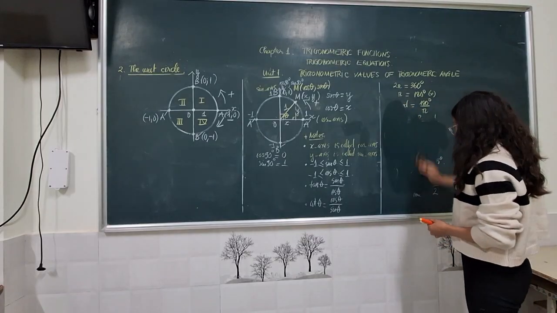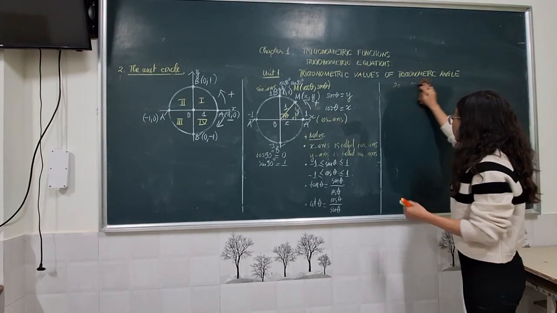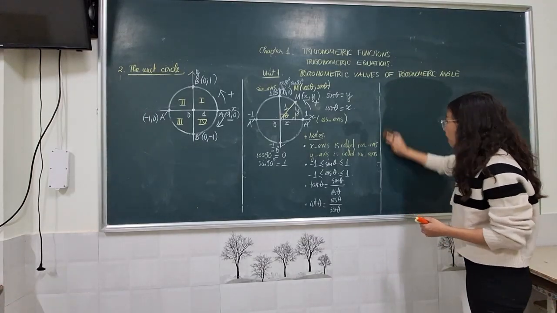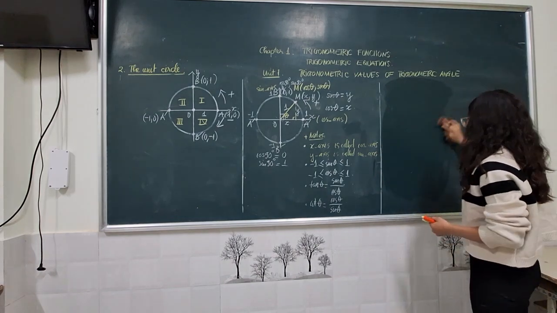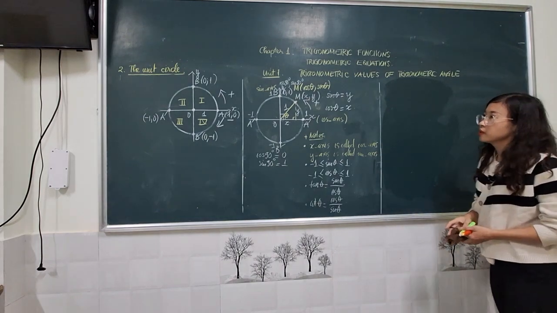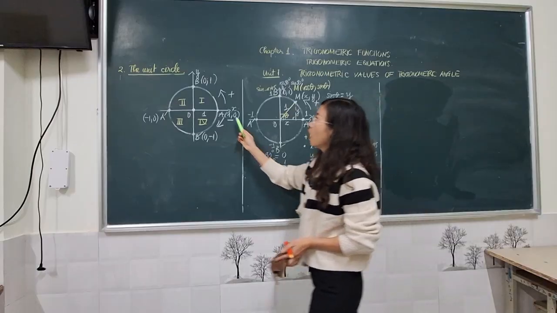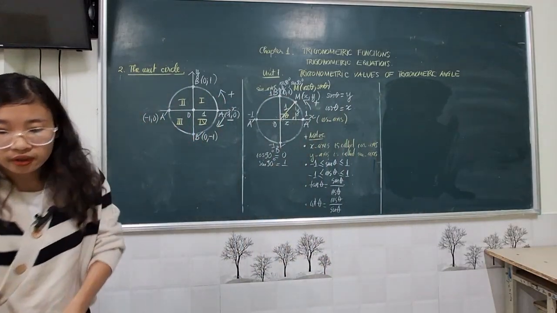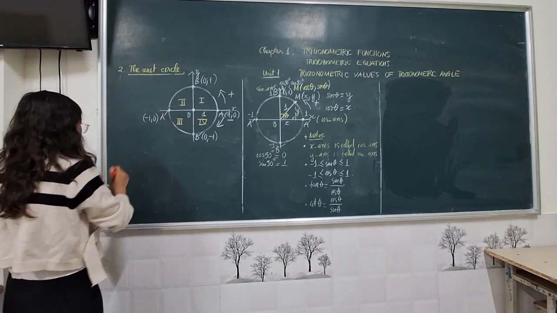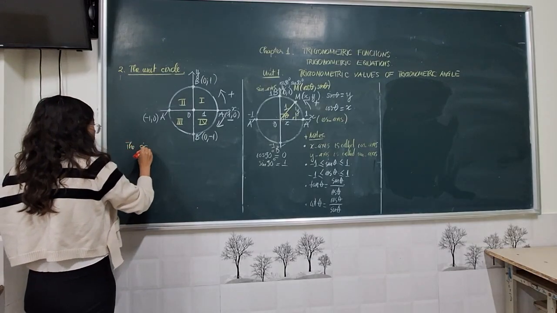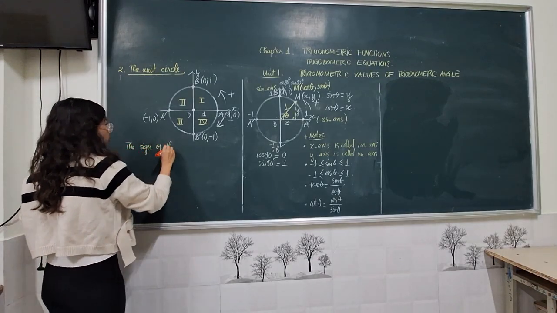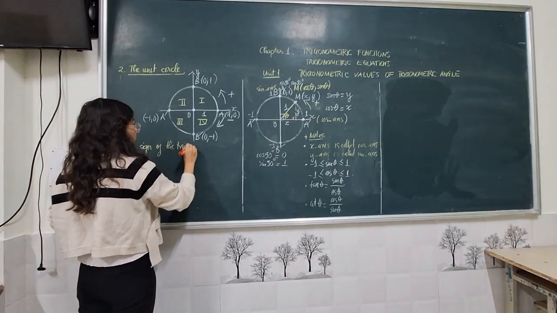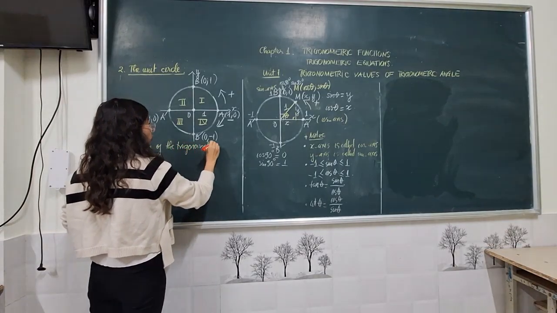And now, in each quadrant, we can determine the sign of each trigonometric value. So let's look at the unit circle here and the signs of the trigonometric values.